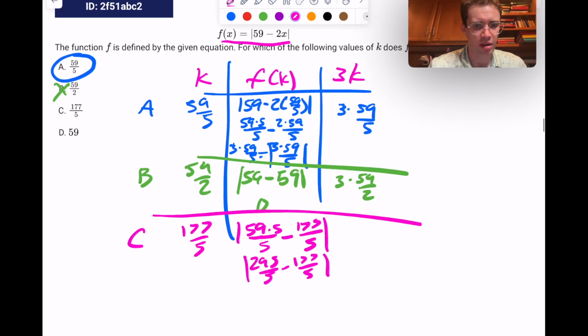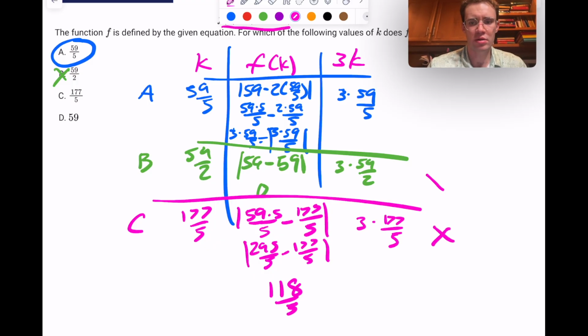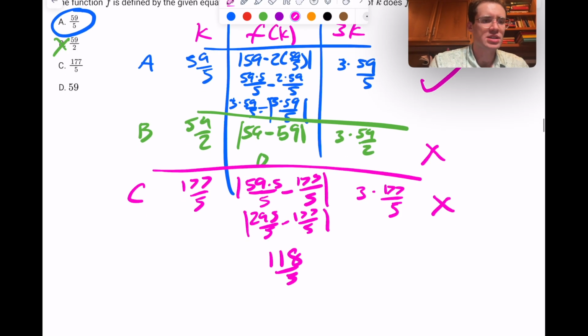The absolute values aren't really mattering for any of these so far. It probably will for D. But for A, B, and C, it was already a positive number in there. So 295 minus 177 would give us 118. So 118 fifths, which is not equal to triple 177 fifths. So these are not equal. This one was equal. So it's not C.